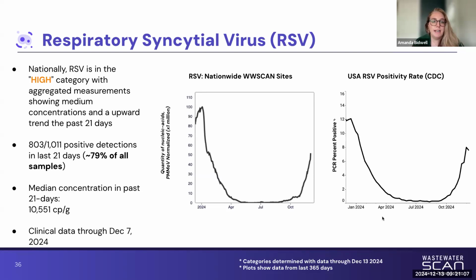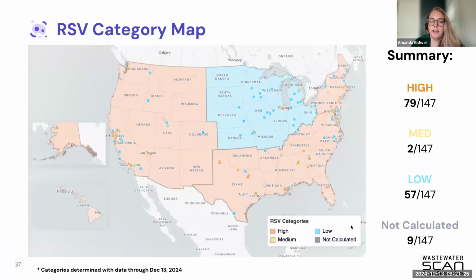Currently, we have a 79% detection rate in our samples, and RSV just went into seasonal onset earlier this week, I believe on Tuesday. So we are really starting to track this and see concentrations across the board increase across the entire WastewaterSCAN network. And here's just a quick map. As you can see, the west, the south, and the northeast are in that high wastewater category.